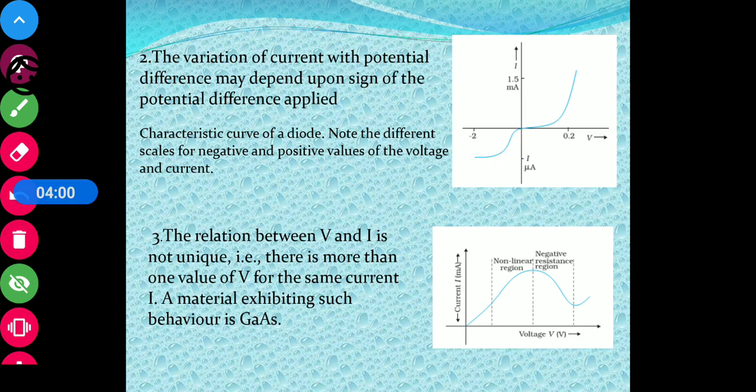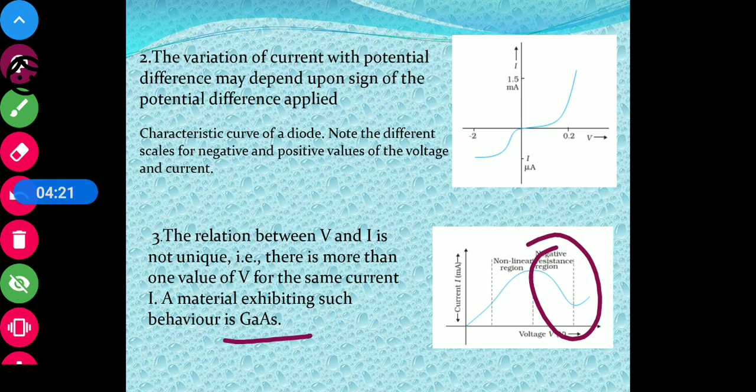Or we can say that at this position the slope is positive, while at this position the slope is negative. Such behavior is shown by a material known as gallium arsenide. So in all these three conditions, Ohm's law is not followed.